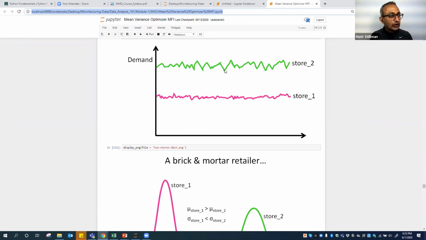If you can manage to get by holding as little inventory as possible while meeting your customer demand, that is the holy grail in retail.